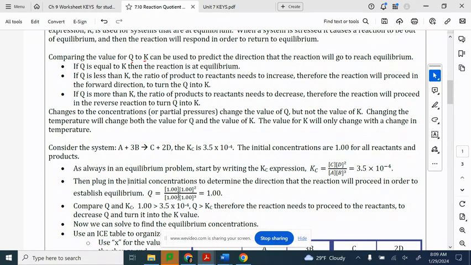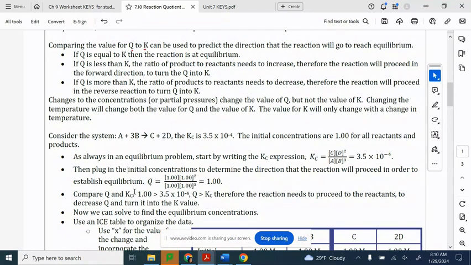It could be at equilibrium, it could be before equilibrium, it could be after an addition of some material. You don't know where that's at until you calculate it. If it equals K, then you're at equilibrium. If it doesn't, you've got to figure out which side of equilibrium you're on.